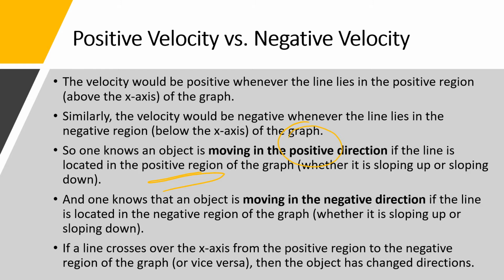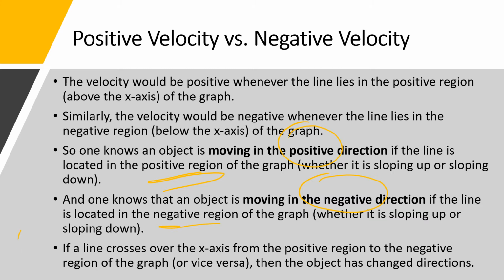If it's in the negative region, it's moving in the negative direction. It can be slowing down or speeding up. It just depends on what's going on in the scenario.